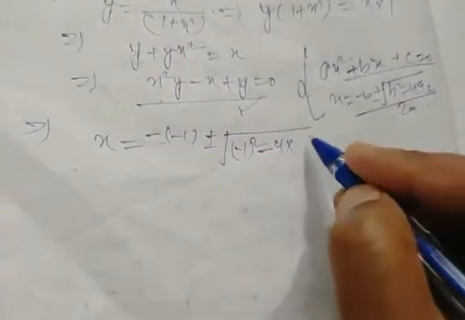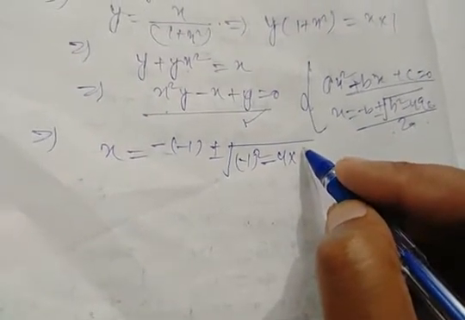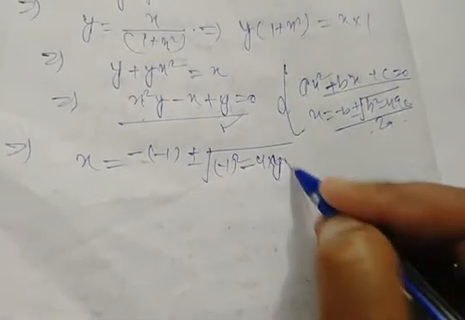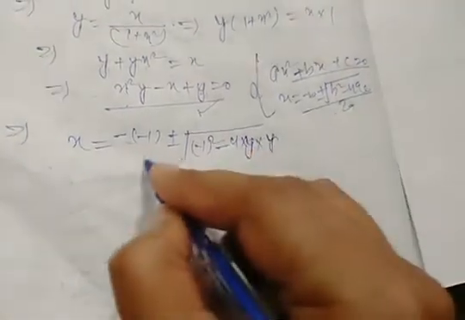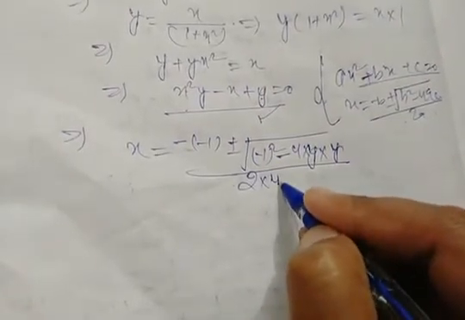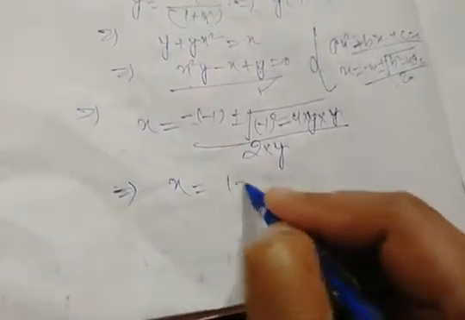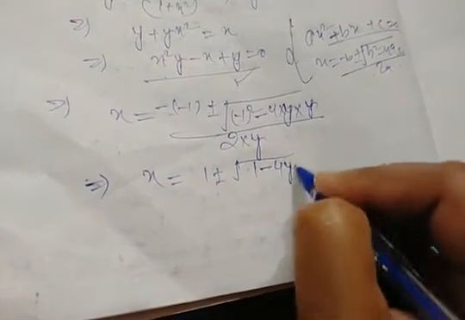The coefficient of x square is y, and the constant term c is also y, upon 2a, that is 2 into y. So we get x is equal to 1 plus minus root of 1 minus 4y square upon 2y.